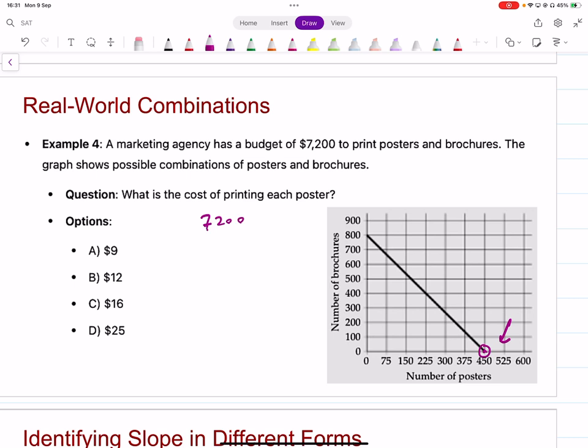What's that amount per poster? 7,200 divided by 450, and that should give you the result. You can see what that is. What's this? 16. That's the cost of each poster. You could find the cost of each brochure like this as well by using 800. 7,200 divided by 800. That will give you the cost of each brochure as well. Okay? All right.